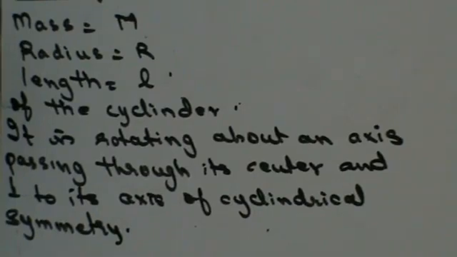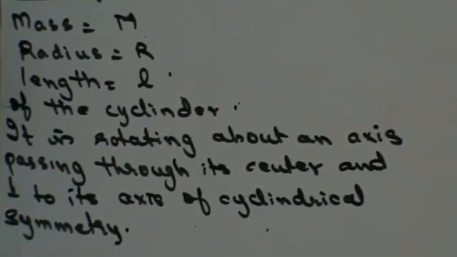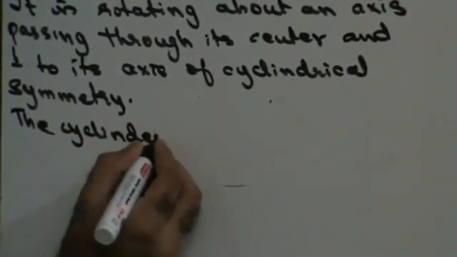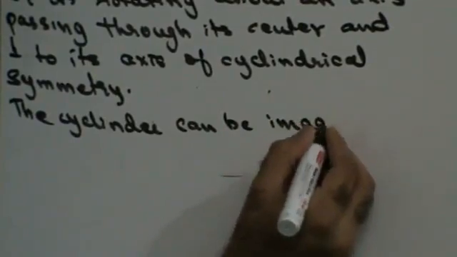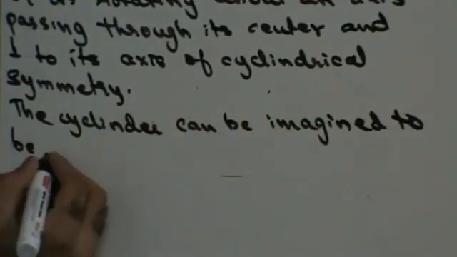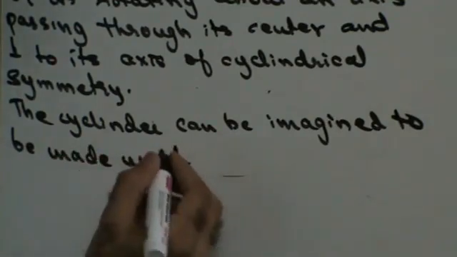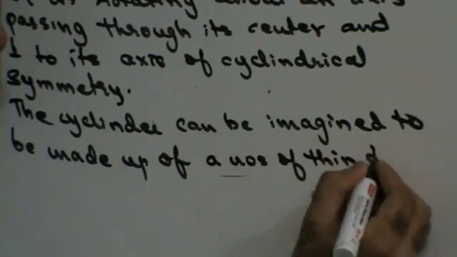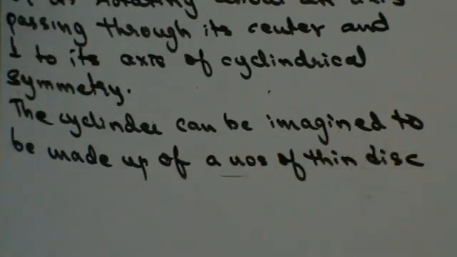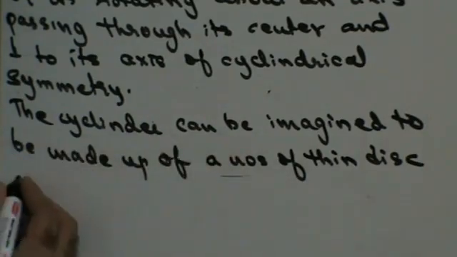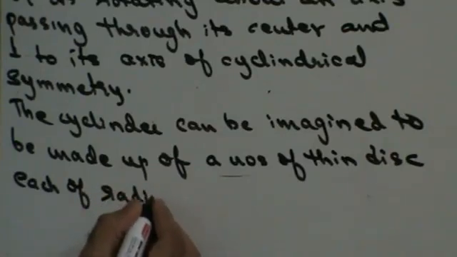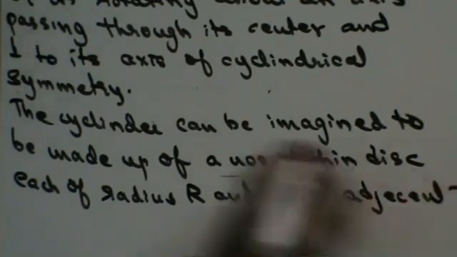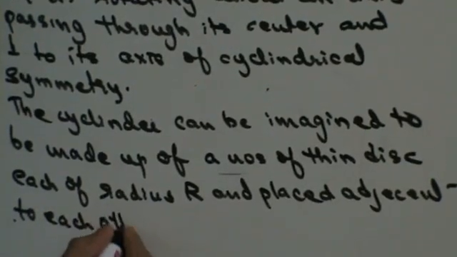Fine. Now let's consider, I can say that the cylinder can be imagined to be made up of a number of thin discs, each of radius r and placed adjacent to each other, right?